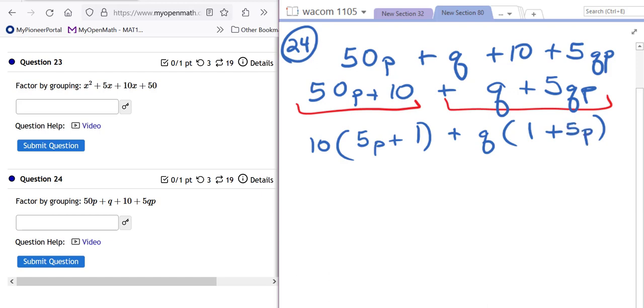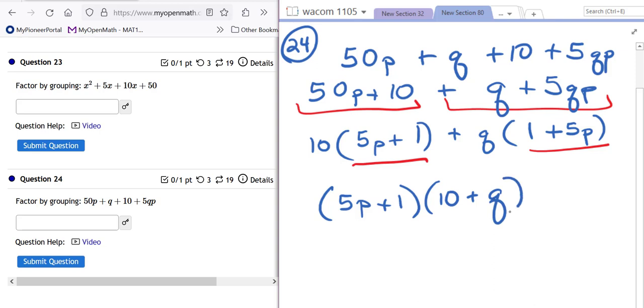Now we look for the common binomial, and these actually are the same. If they're addition and they're turned around, it's okay. You could have either order. It doesn't matter which one you write first. So we'll just write this one, but they're the same. If it was minus, they would not be the same. So 5p plus 1, and we pick up 10 plus q on the outside.